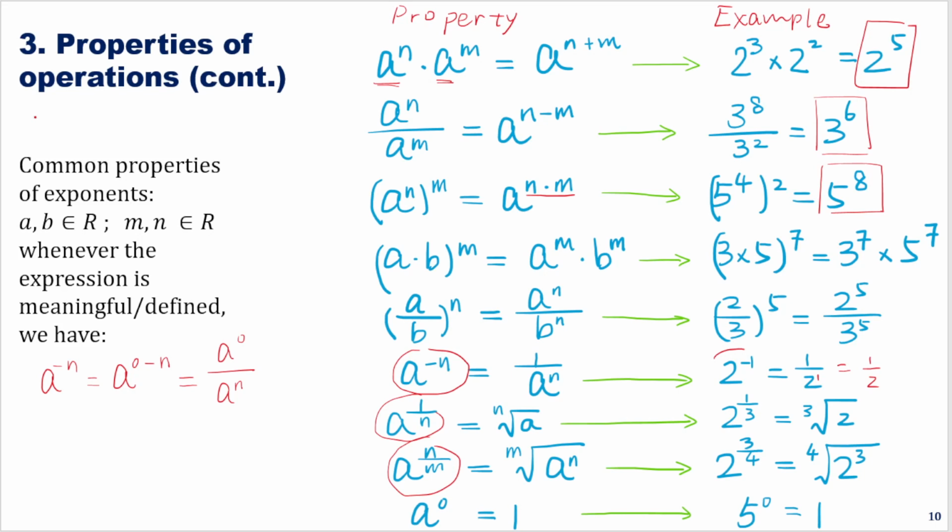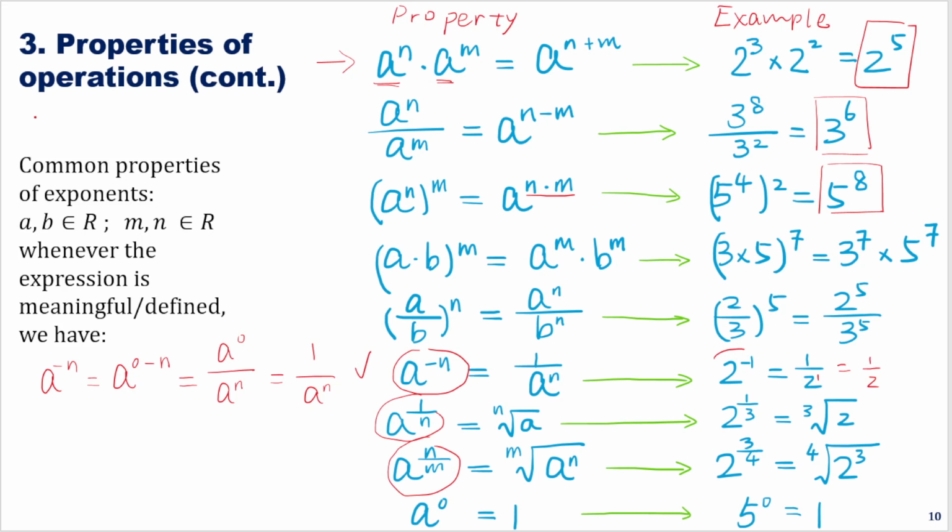Can you see why? Because we have the first property here, right? So a to the power of 0 gives us 1. So that equals 1 over a to the power of n, right? Does this solve your question? So we have explained this, right?